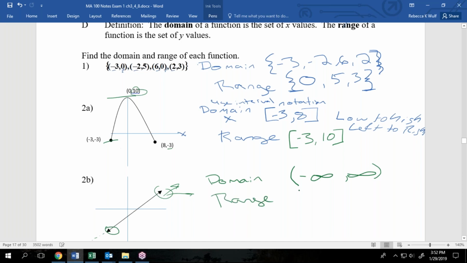And what about the range? Actually, the same thing. So often we can think of domain in general as everything, all real numbers, -infinity to infinity, unless the graph has some endpoints or some restrictions on it. So that's how we can get domain from a picture.